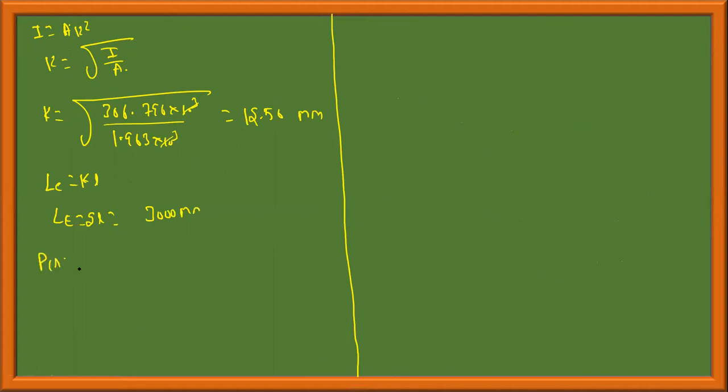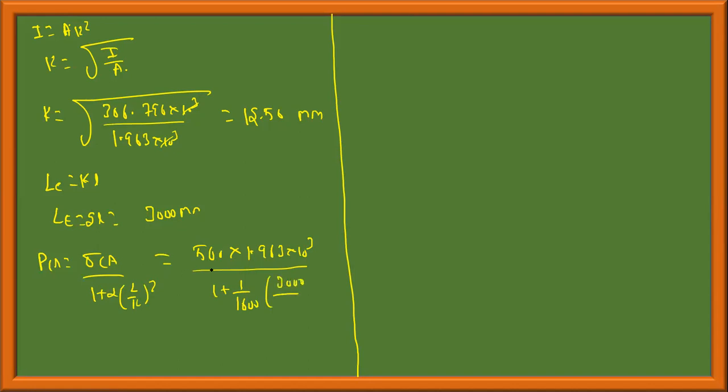PCR due to Rankine crippling load is sigma C A by 1 plus alpha L by K the whole square, which is equal to sigma C is given to be 560 into area of cross section 1.963 into 10 power 3 divided by 1 plus alpha, which is 1 by 1600, into length 3000 by K is 12.50, the whole square. Can you tell me what is Rankine crippling load?